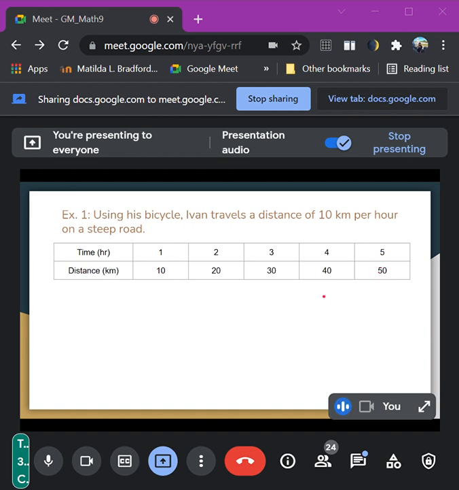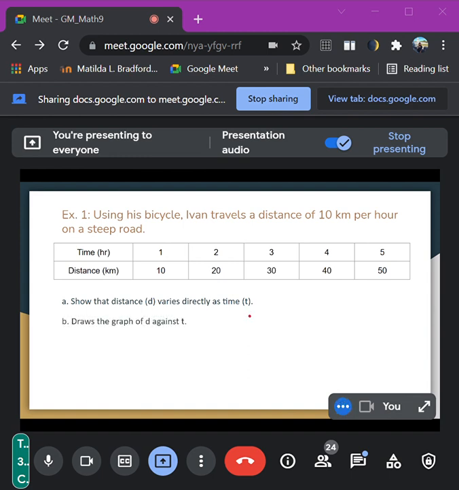Now we have the following things to do. Letter A: show that distance D varies directly as time t. You can use the abbreviation, or the first letter of your word.